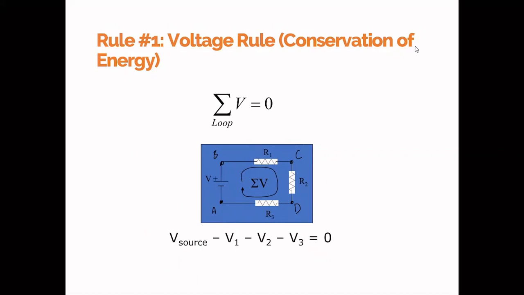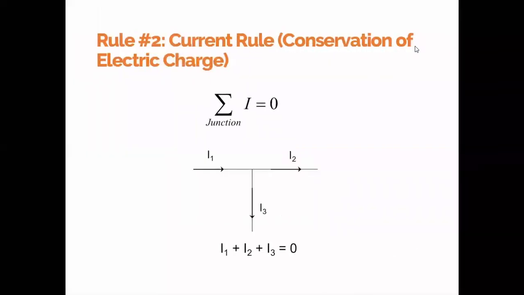Eh paano kung halimbawa masyadong malaki yung circuit mo na composed ng series and parallel, no? So matagal yung magiging solution niya. So what you can do is apply itong Kirchhoff's law para mas mapadali yung solution. Okay? Then yung sa current rule, again, yung lahat ng papasok sa joint, halimbawa ito yung junction natin, papasok si I1 doon.